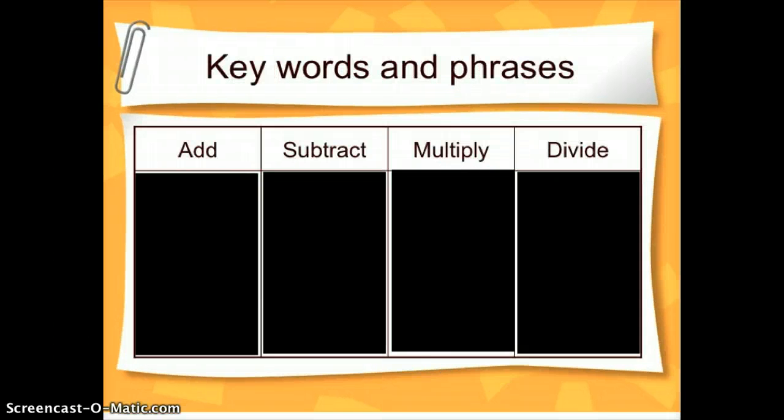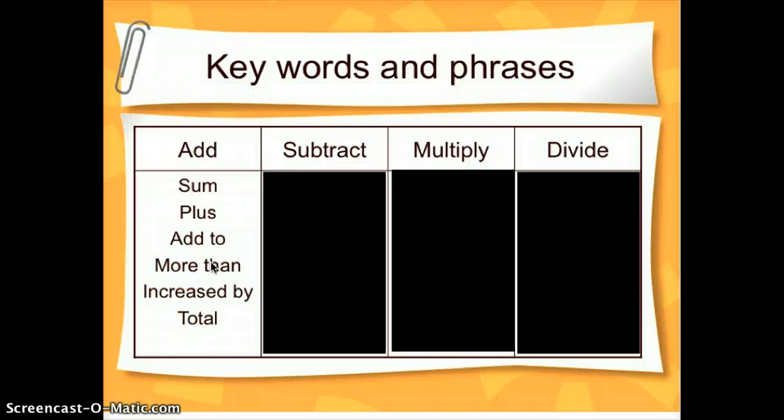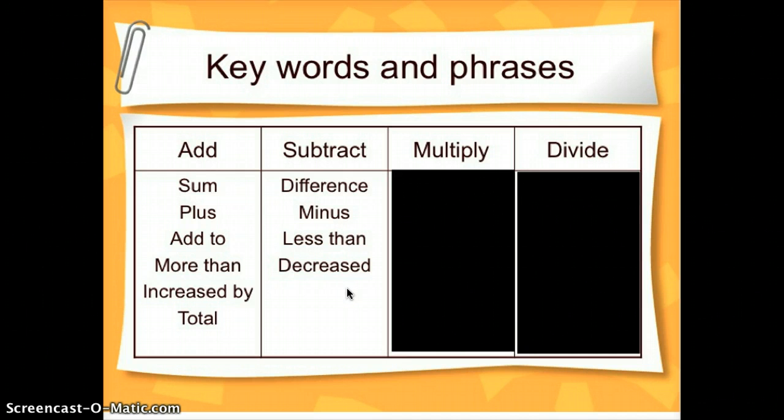Okay, check out this chart. These are some key words and phrases that help cue you in to know when you need to add, subtract, multiply, or divide. Sum, plus, add to, more than, increase by, and total. These are all words that mean you need to add. Difference, minus, less than, decrease. Those all say it's time to subtract.